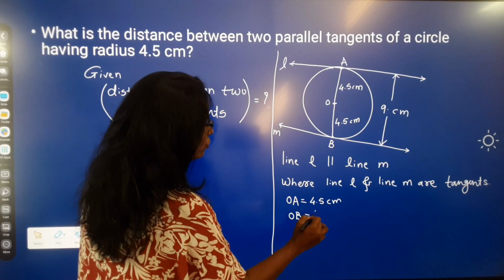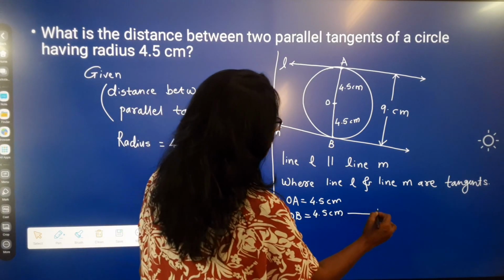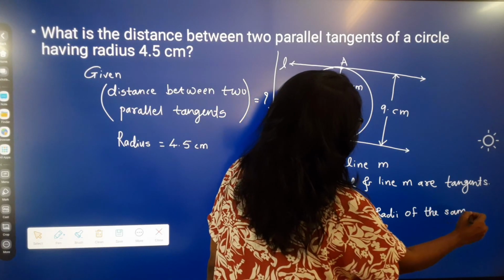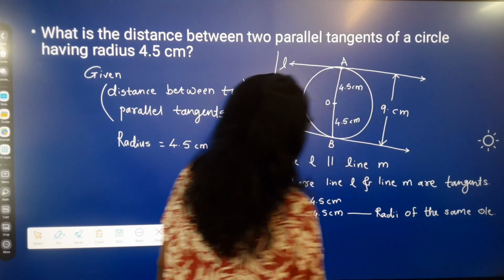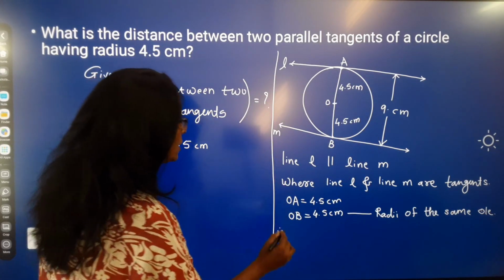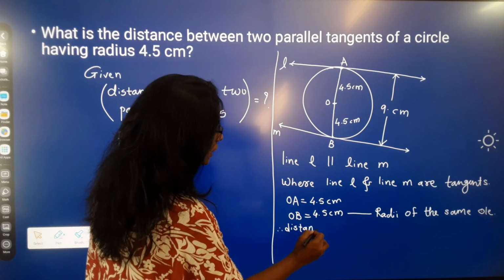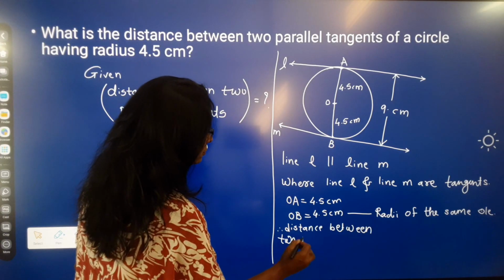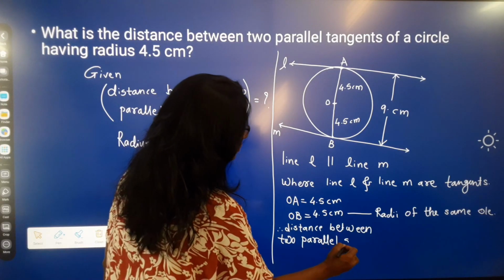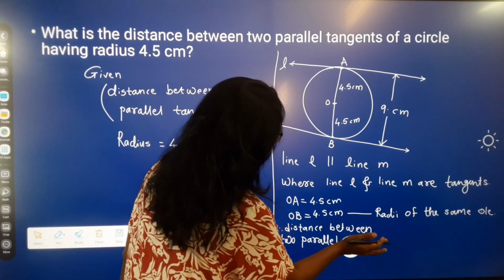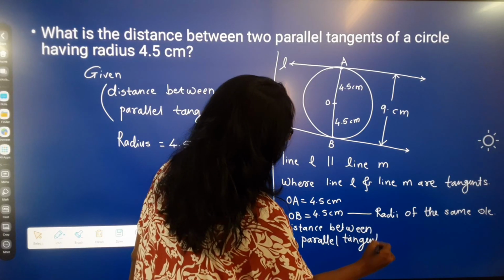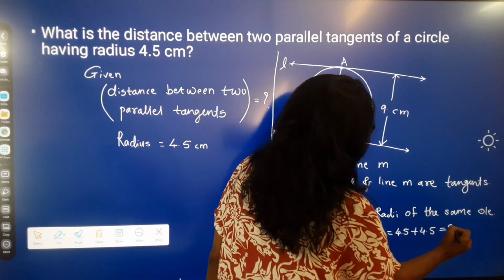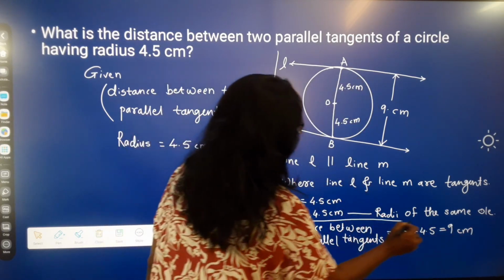OB is equal to 4.5 centimeter because radii of the same circle, and therefore distance between two parallel tangents is equal to 4.5 plus 4.5, which is equal to 9 centimeter. Okay.